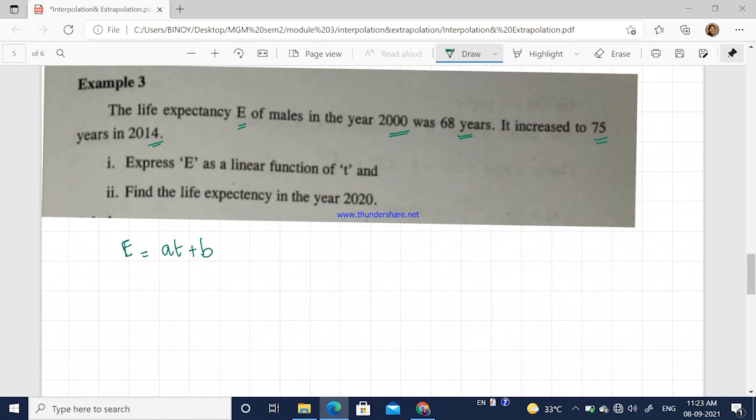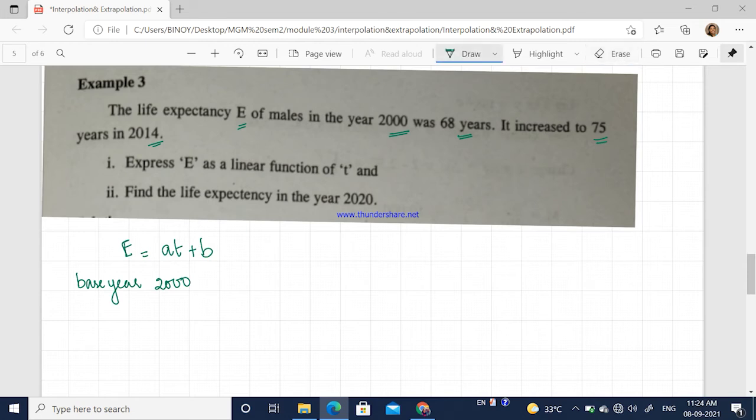Now, we are considering our base year as 2000, so the value of T, that is time in years, is considered as 0 for 2000.